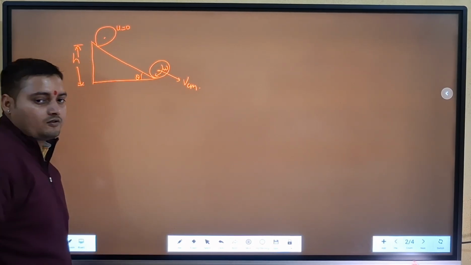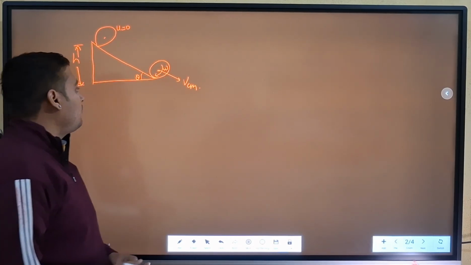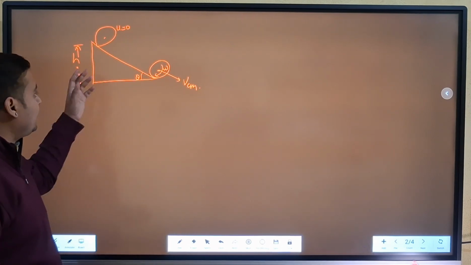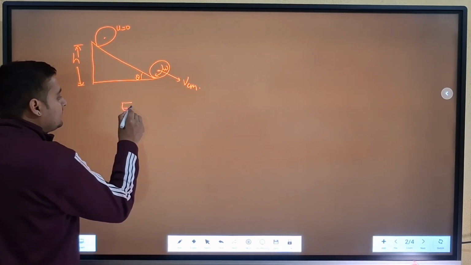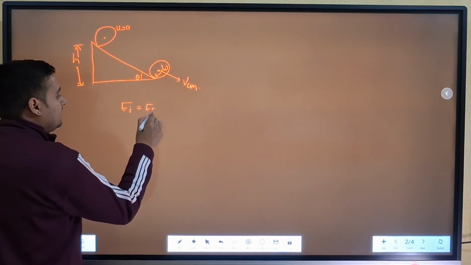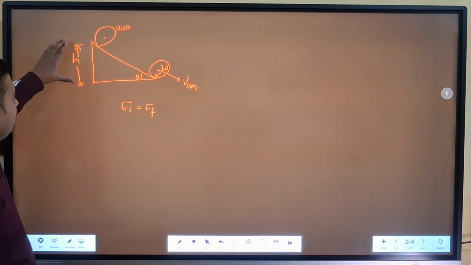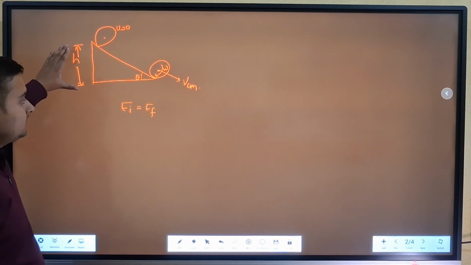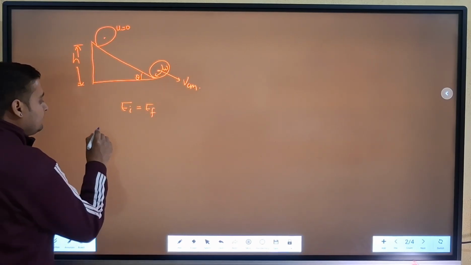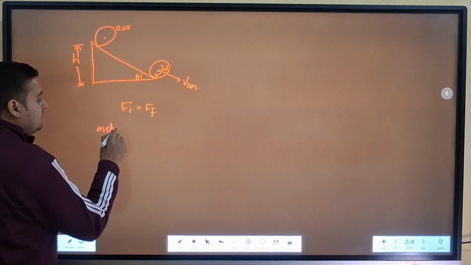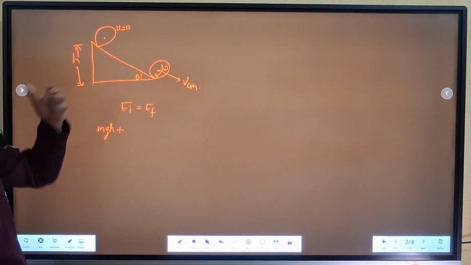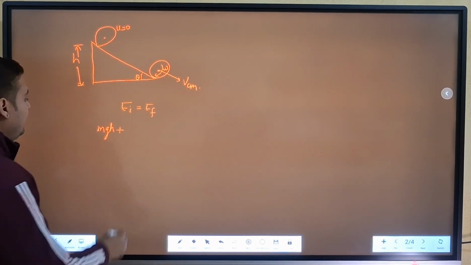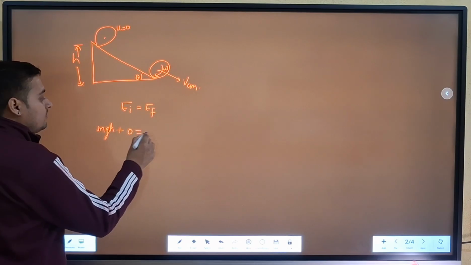Now we want to apply conservation of energy. We know initial mechanical energy should be equal to final mechanical energy. Initially, because this object is at a height of h, the potential energy will be mgh. And we have the initial velocity 0, so the initial kinetic energy is 0.